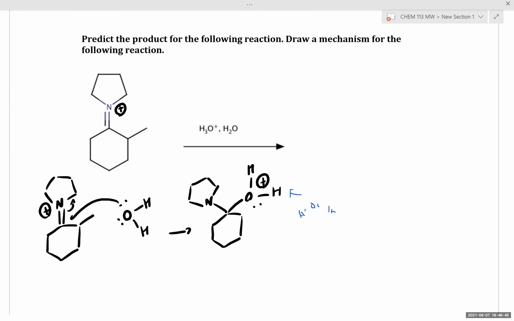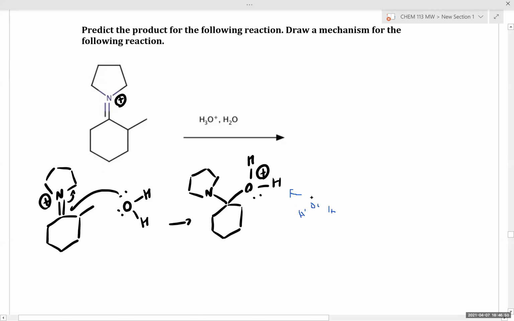I would just draw the lone pair. Would anyone else like to help complete those two arrow pushing steps? Don't be shy, there's plenty of space on the class whiteboard. Perfect. We're deprotonating our oxygen atom, and then protonating our nitrogen atom.